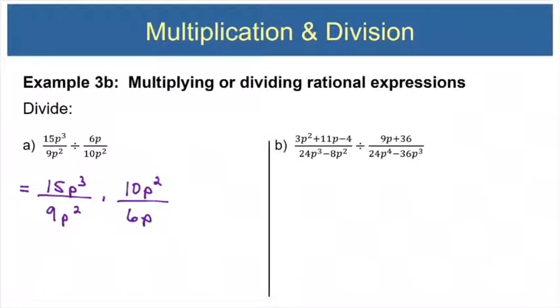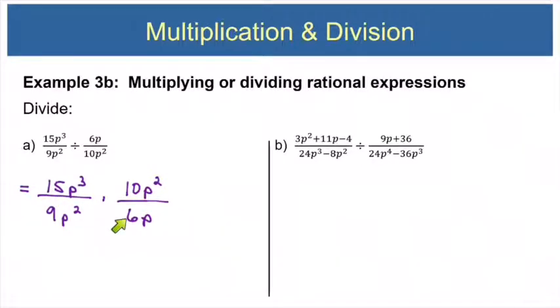And now we can simplify this according to what we learned about multiplication. What we need to do is just divide out any common factors. Now I'm looking at the numbers that I have, and I have 15 and 10 and 6 and 9. And I notice that 15 and 9 can both be divided by 3, but 15 and 6 could also both be divided by 3.